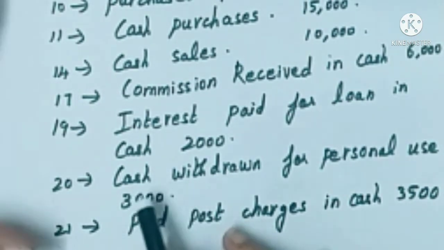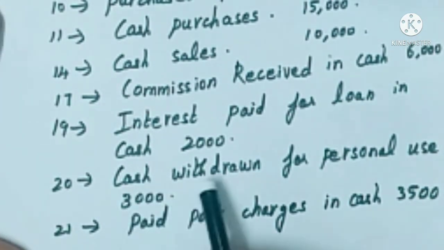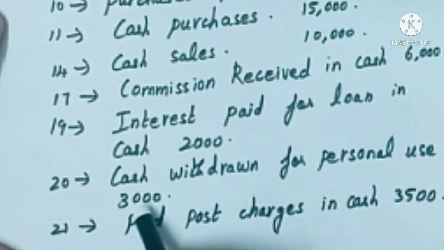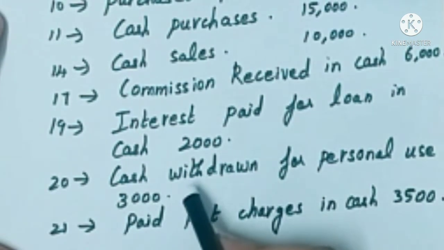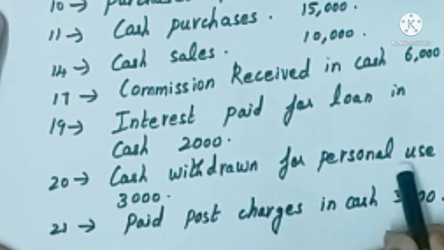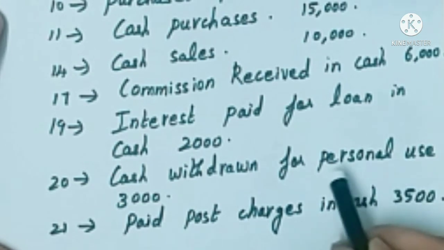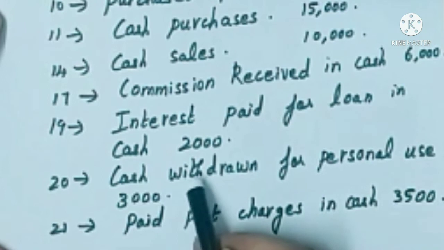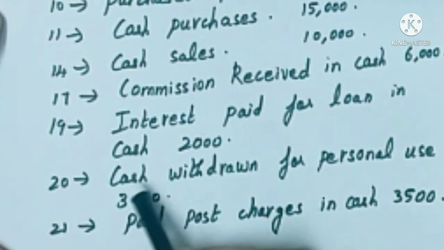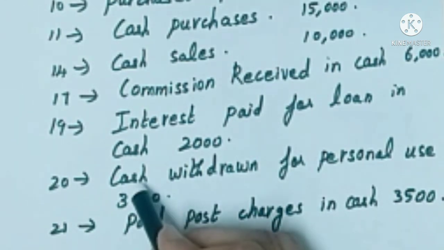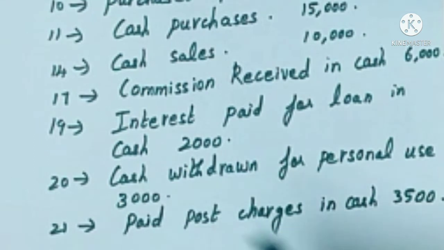The next transaction is cash withdrawn for personal use, 3000 rupees. Whenever cash is withdrawn for personal use, in accounting we use the term drawings. So here we are going to debit drawings account and credit cash account because cash is going out of the business.